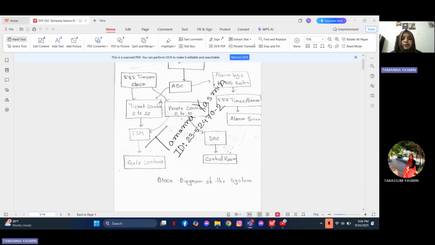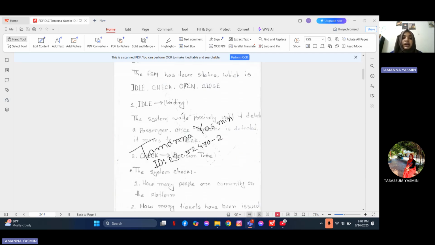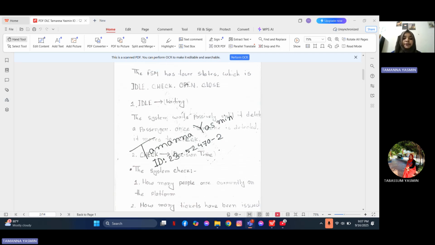Finally, the 555 timer provides the clock pulses that synchronize everything, the counter, the FSM, and the logic, ensuring the entire system operates in a coordinated manner.